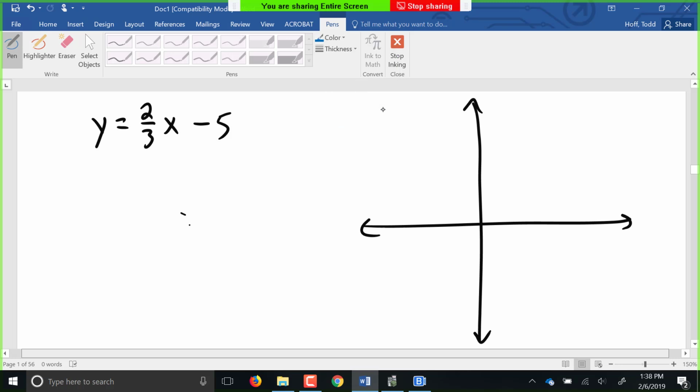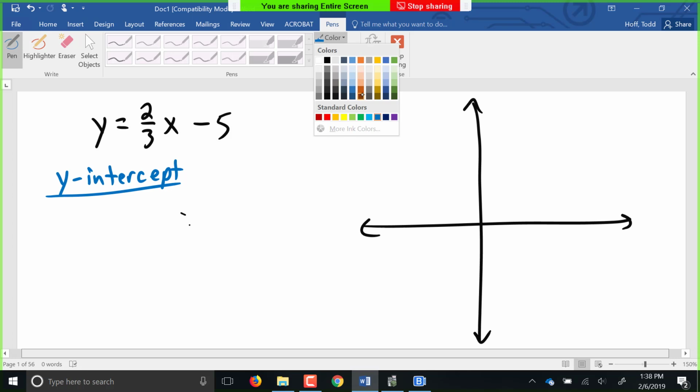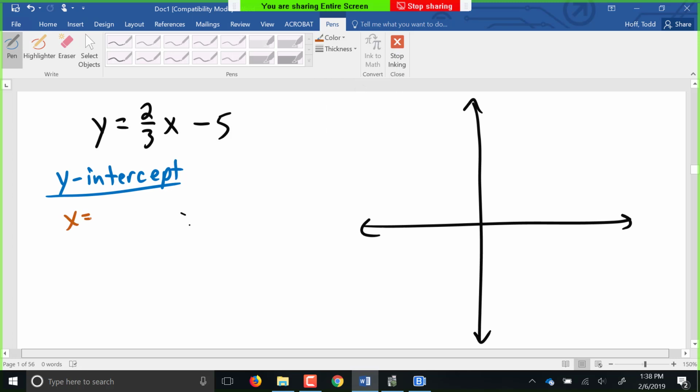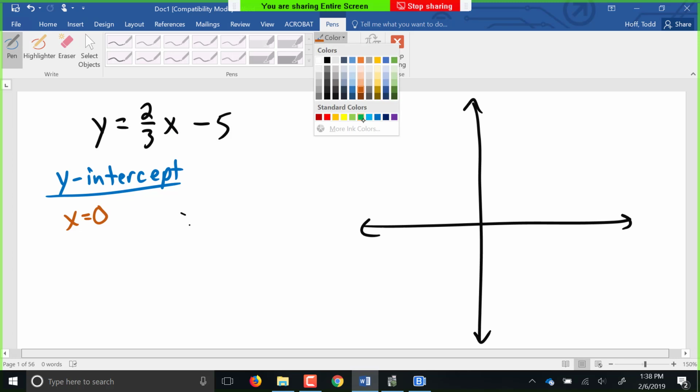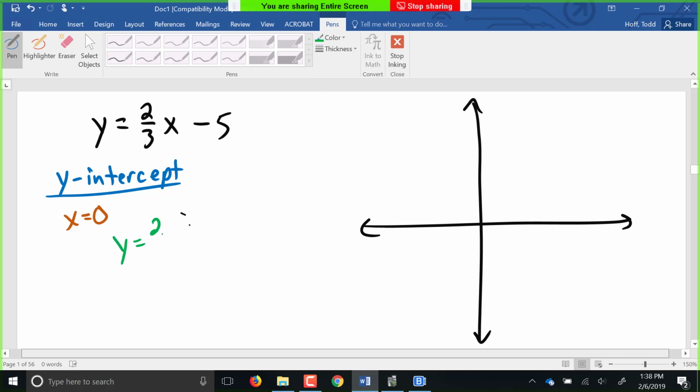When we look at this graph here, remember y-intercept is going to be where x equals 0. Well, it's pretty easy to find that out of here. If I put 0 in for x, y equals 2/3 times 0 minus 5.